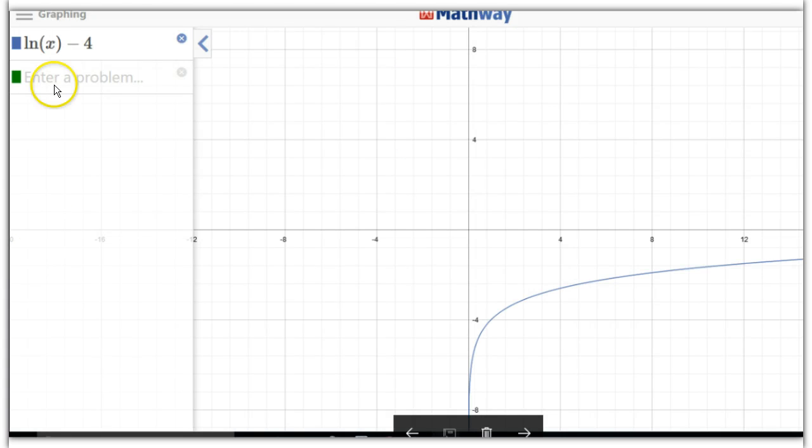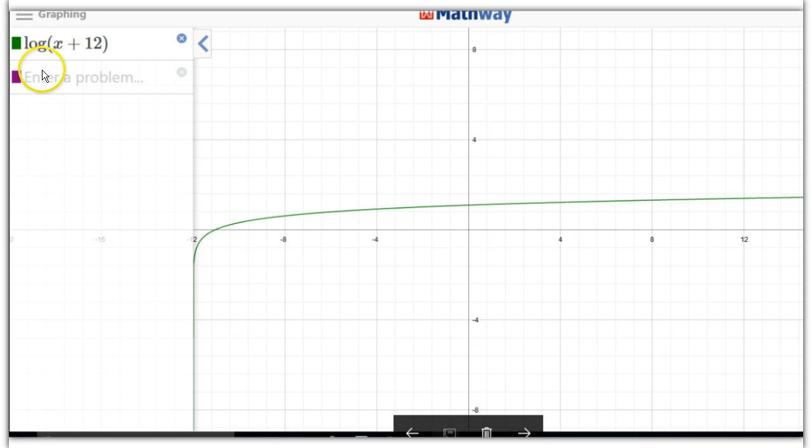Okay. And there is a screenshot of number 2 that I didn't show you, showing you what we said. It drops down 4 units. That's your new, in a sense, y-intercept. And here is a screenshot of number 3, where originally it was here.